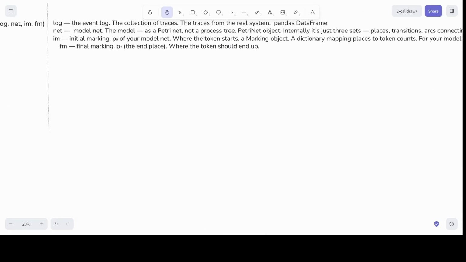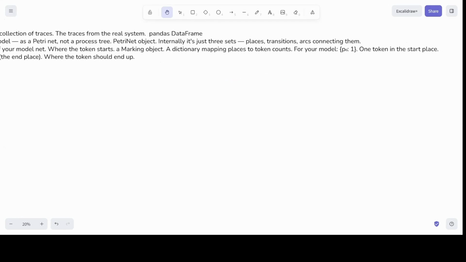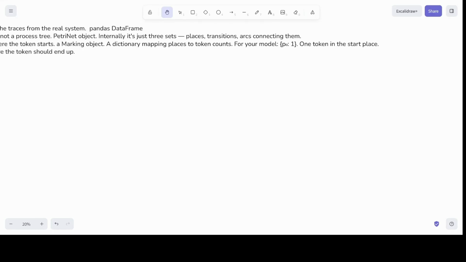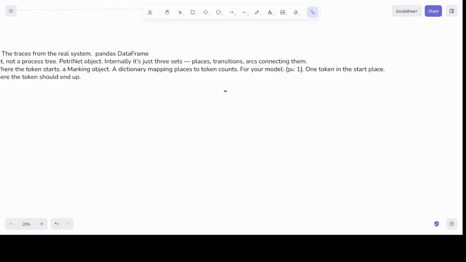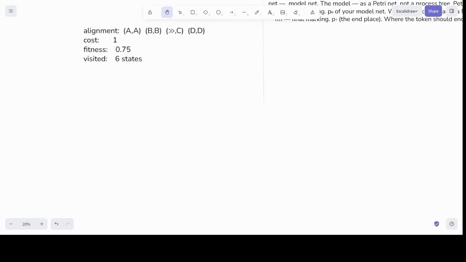So that is clear. Then the initial marking P0 of your model net, where the token starts. A marking object, a dictionary mapping places to token counts. For your model P0, P01. So it's like a dictionary. This is something you would know if you're using Python. Each key has a certain value. The same thing goes for the FM here, which is the final marking.